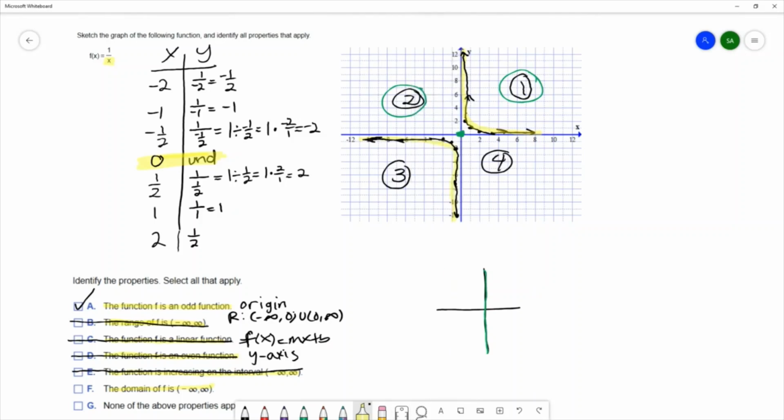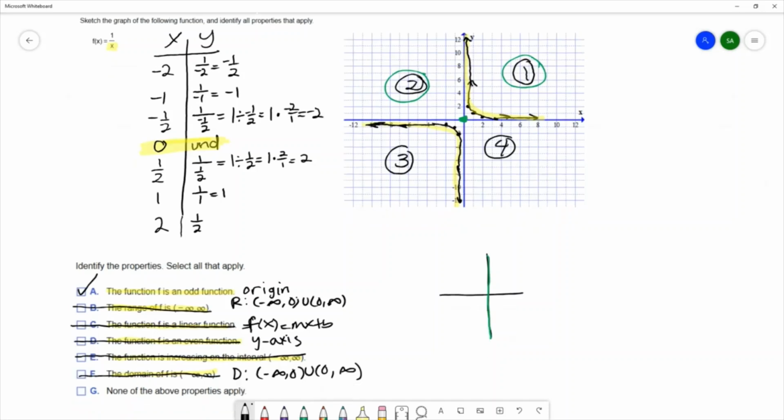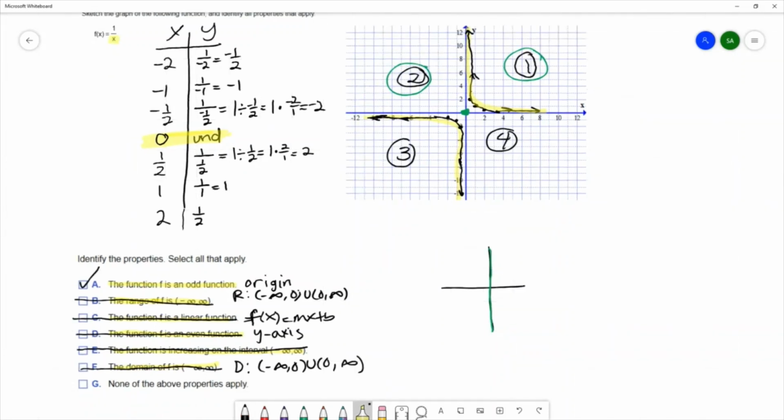The actual domain is negative infinity to 0, union with 0 to infinity. So we would not select this property. Then finally, none of the above properties apply. That statement is not true since I have selected a property above, so we would not select this property either. So the only property we would select is that the function is an odd function.